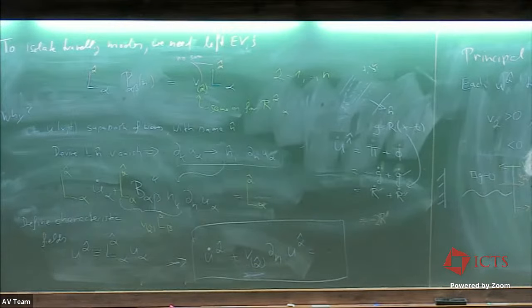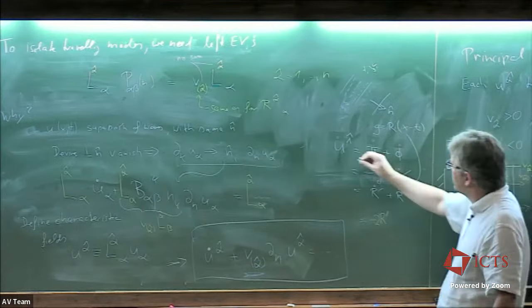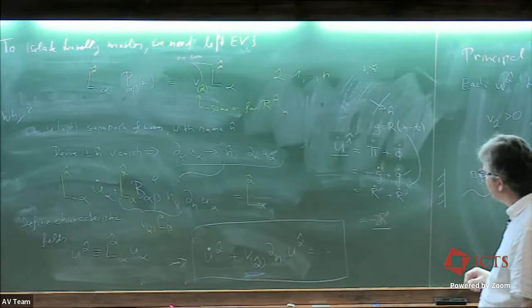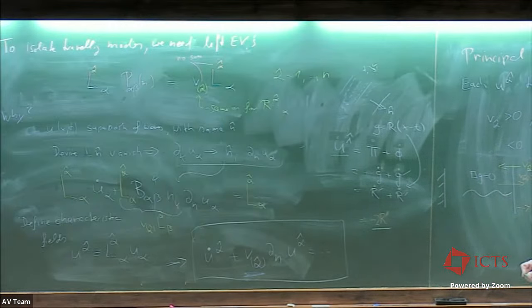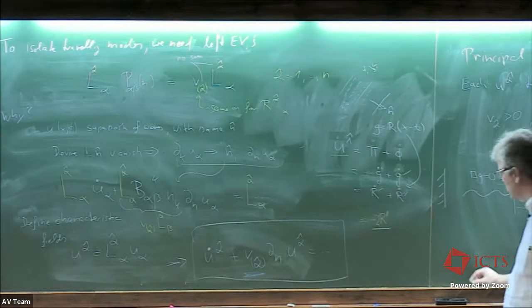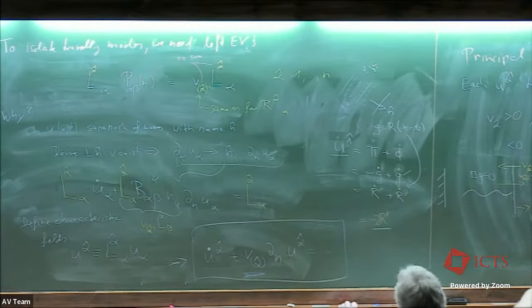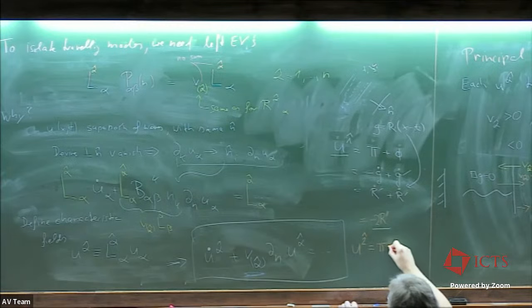And so what you're seeing here, by the way, is that U1 is seeing the R field. And if I'm also evaluating the same thing for U2, that would be pi minus phi.